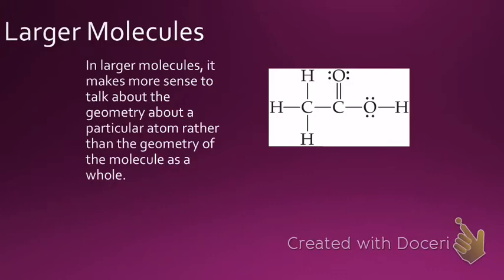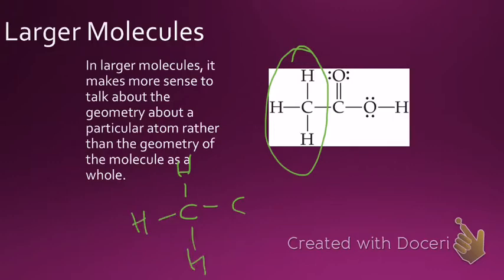So for these larger molecules, what you want to do is break it apart with each of the individual atoms. So let's first take that carbon. When you draw it, you have to look to see how many electron domains it has. It has 4 electron domains, and all 4 are bonds, so none of them are lone pair electrons.